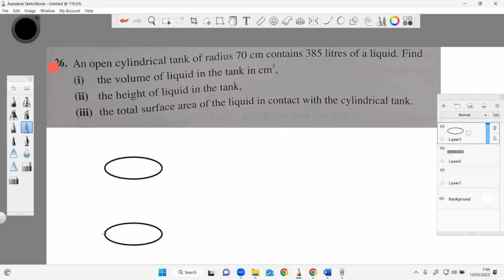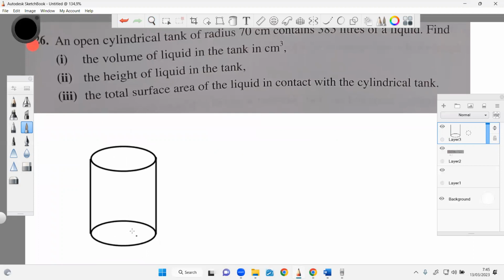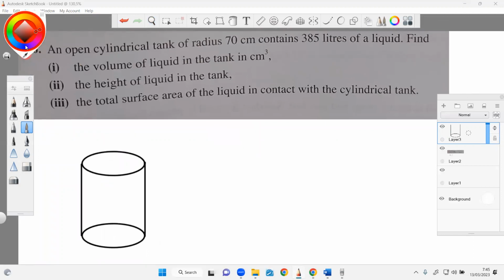I put a straight line on top of it. Done. This is a cylinder of radius 70 centimeter. It's a big cylinder. I use the blue color for the radius, which is 70. Write down also 70 centimeter.